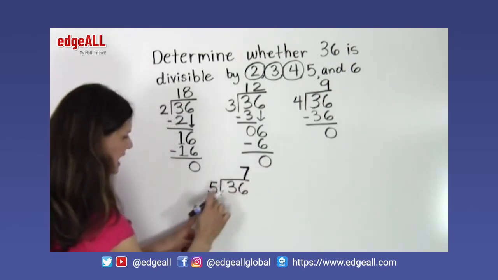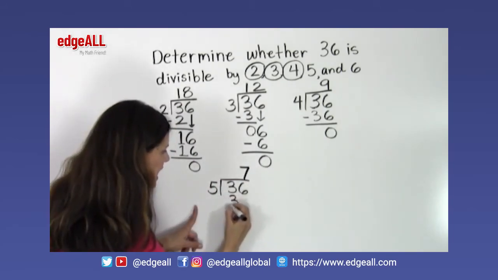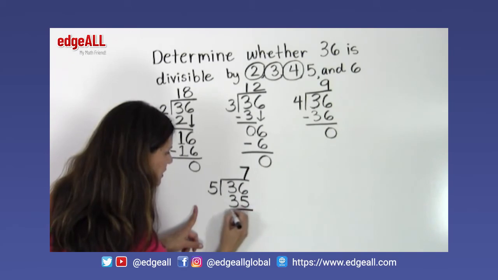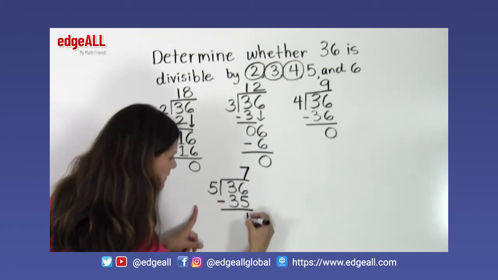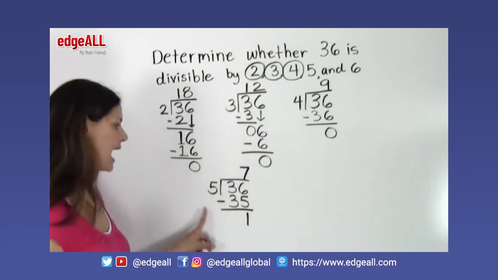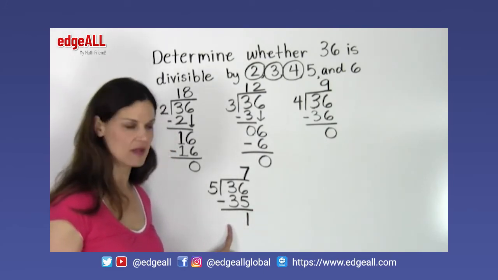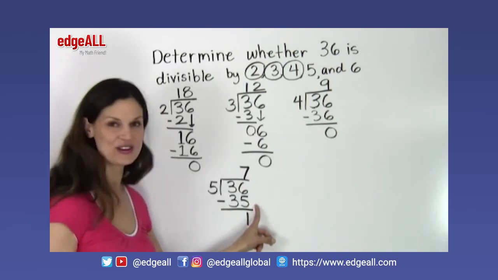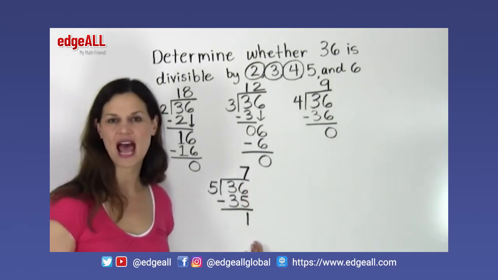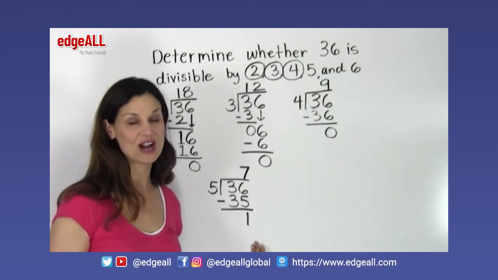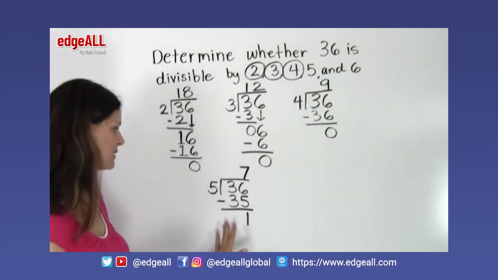So 7 times 5 equals 35, and I write that below the 36 and subtract. 36 minus 35 equals 1. I am finished doing the division on this problem because there's not another number here to pull down after the 6. However, on this problem, I have a remainder.